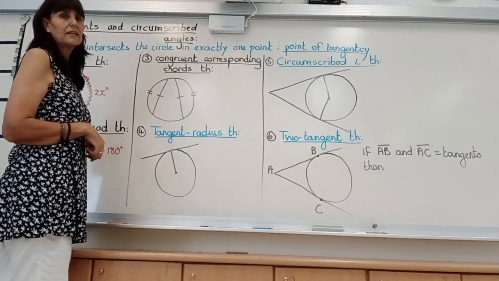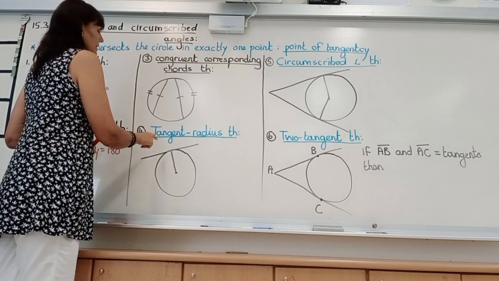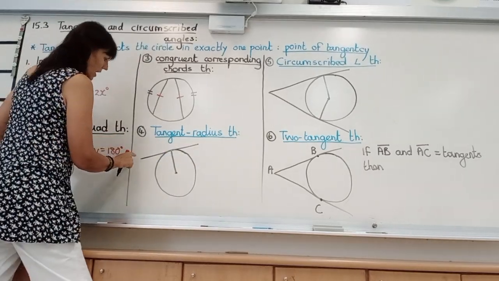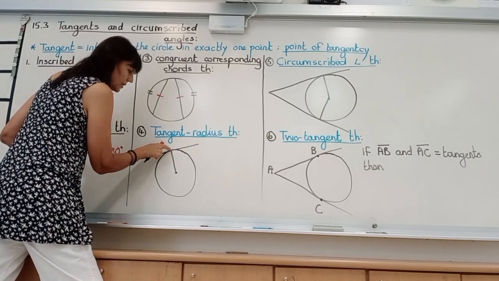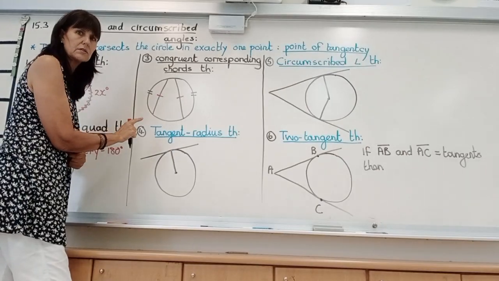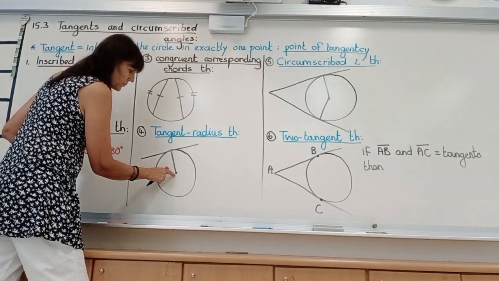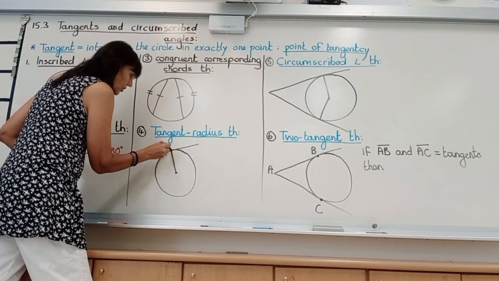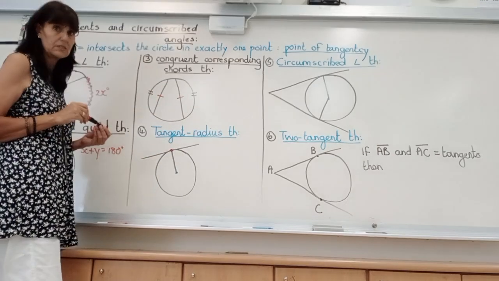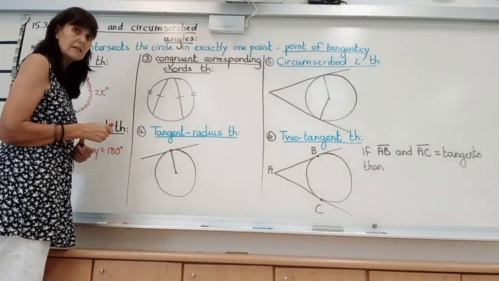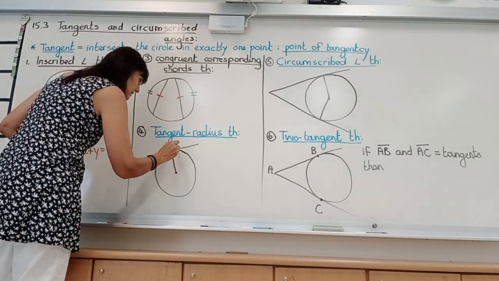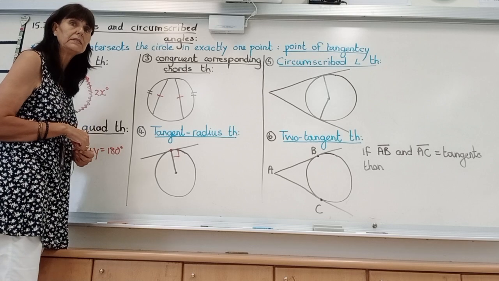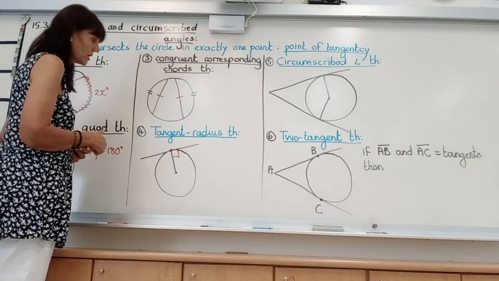Now today we're taking a look at tangents. The tangent radius theorem. What does that say? I have a tangent here, it's only making contact with the circle once. And then from the center I draw a radius to that point of contact, that point of tangency. This theorem states that the tangent and the radius will always be perpendicular to each other.